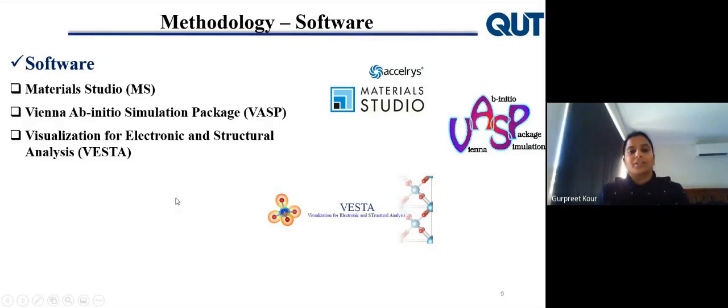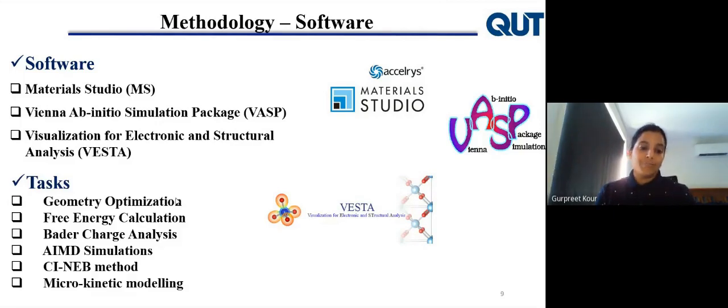So here is the methodology for my work. We used Material Studio. I used VASP for carrying out all the calculations, and VESTA to analyze the various results. The geometry optimization was done, free energy calculation was done, Bader charge analysis was carried out, and I also carried out ab initio molecular dynamics simulations to study the thermal stability of the catalyst.